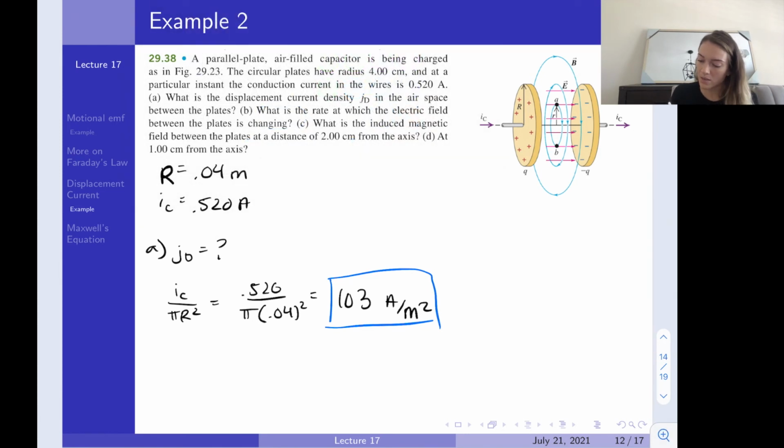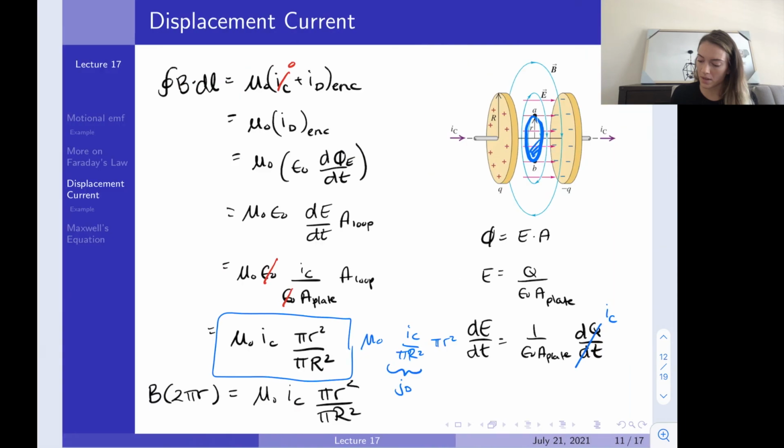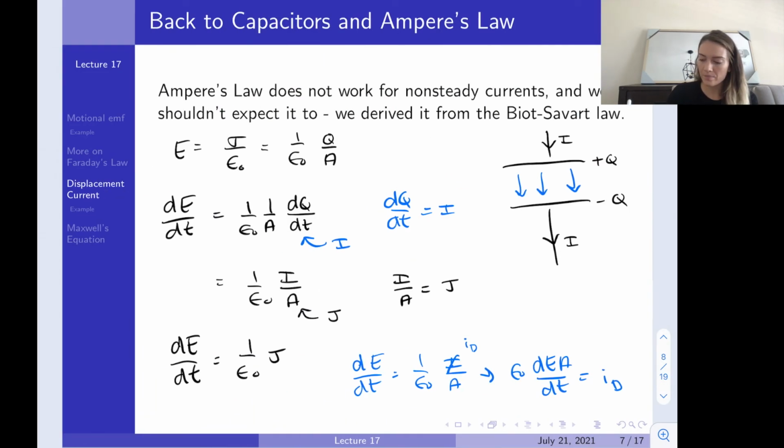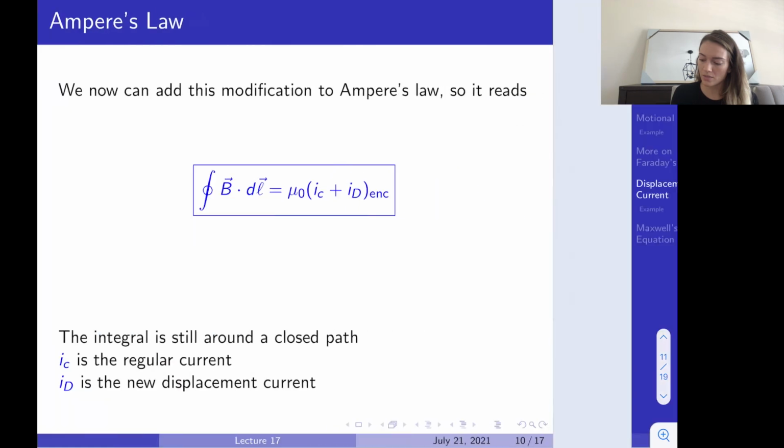Now, what is the rate at which the electric field between the plates is changing? So we saw also, when we were deriving the displacement current, we said that the change in the electric field with respect to time was equal to 1 over epsilon naught times our current density. So we can just rewrite that.